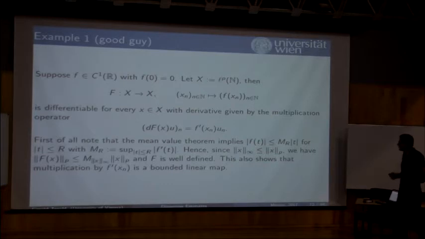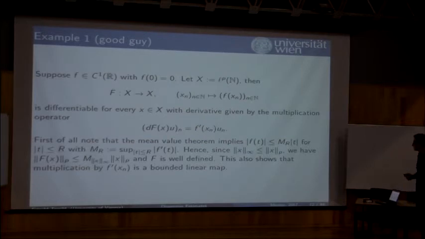And I can ask myself, is this a nice operator? Can I differentiate it? Is it C1, as you might hope if you start with a C1 function? Okay, and I'm claiming, yes, this is true. The Fréchet derivative is nothing else than the multiplication operator with this derivative function right here applied to the sequence xn.